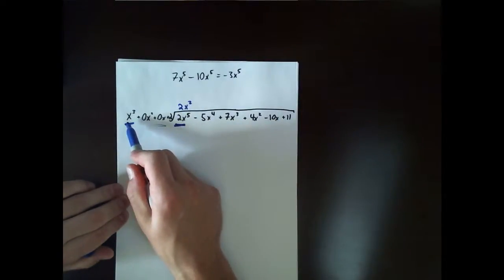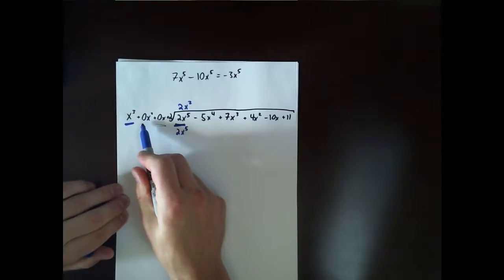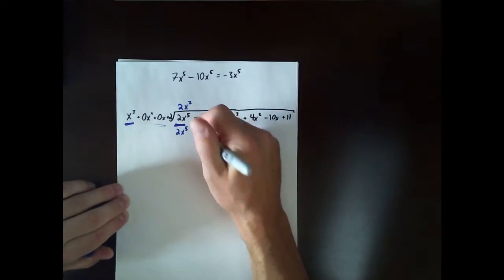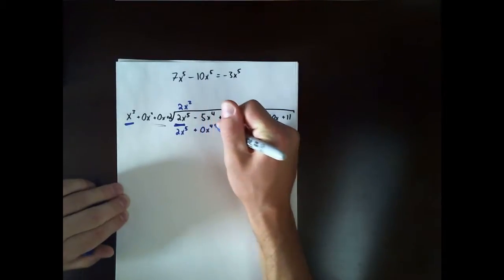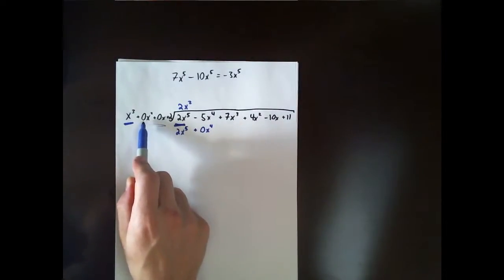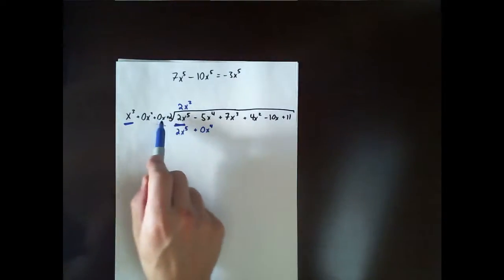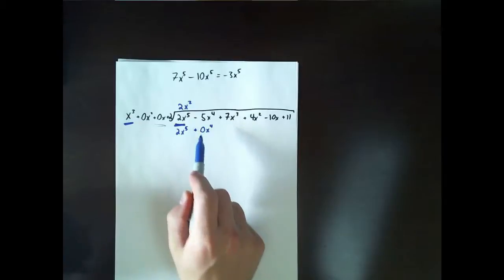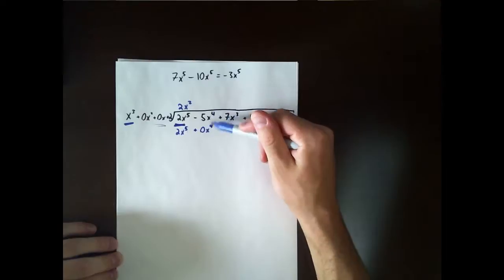So 2x squared times x cubed is going to be 2x to the fifth. 2x squared times 0x squared is going to give us 0x to the fourth. And this is where my space holders are coming in. I could just write a 0 here for these two terms, but I want to keep this space in here just so that I have my to the fifth power terms organized and my to the fourth power terms organized, and so on.